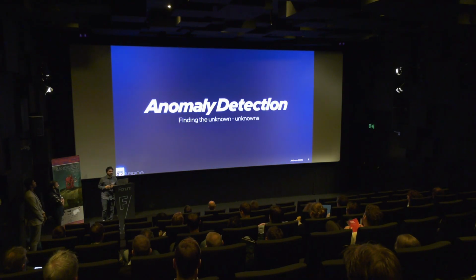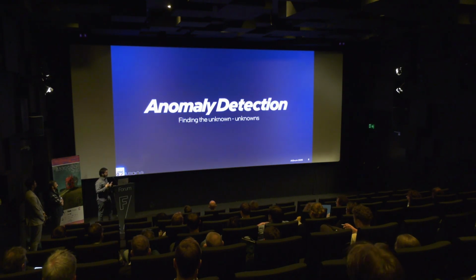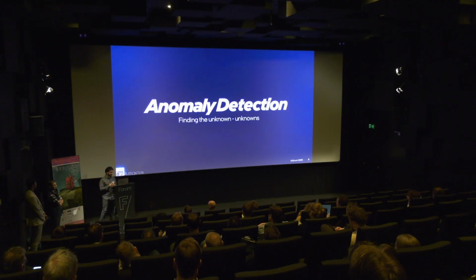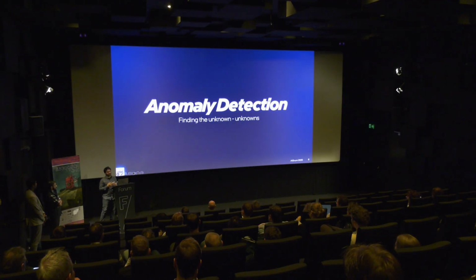Most of you raised your hand when asked about anomaly detection, so I think most of you already know it. In a very simple way, anomaly detection is just finding what is not normal, and what you define as normal is up to you.